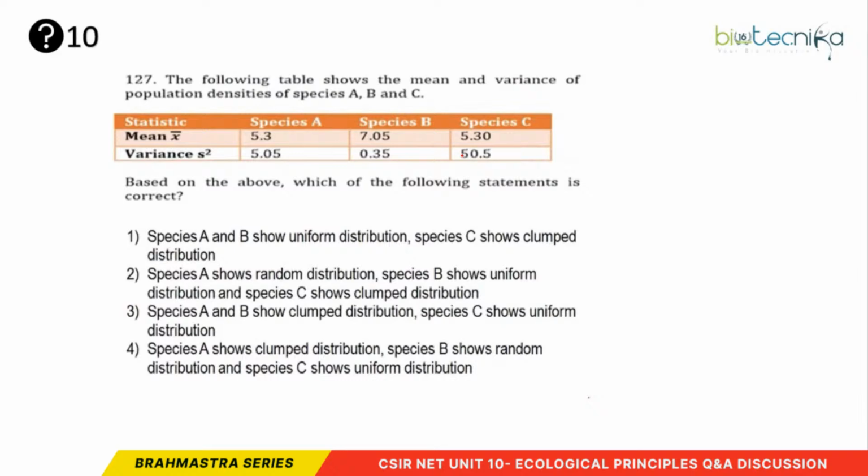Okay, and this is the last question. This is again from the population ecology chapter. In the population ecology chapter, there are different sections from where you get the numerical based questions. Almost the entire chapter is based on numericals. A lot of different kinds of numericals can come from there.